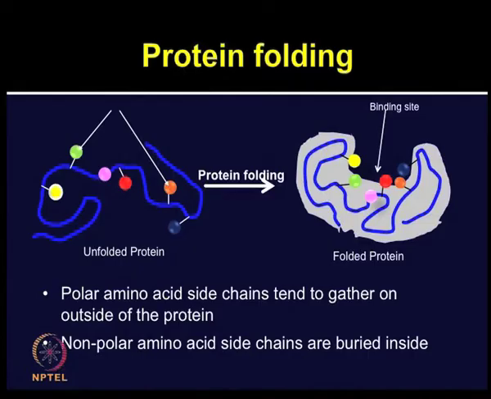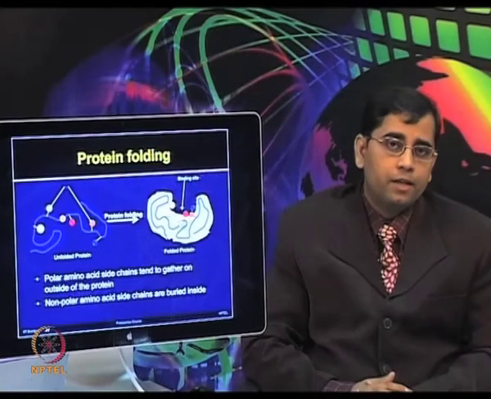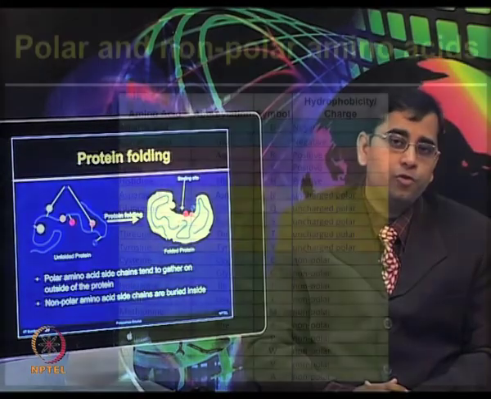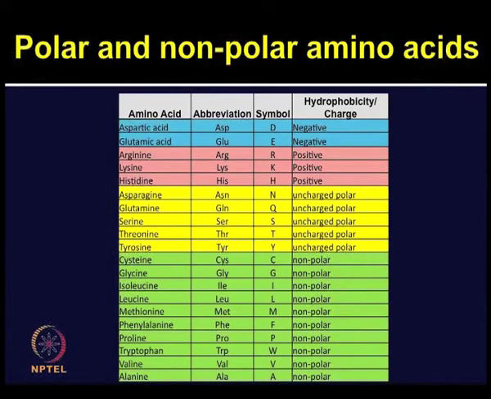Similarly, the non-polar side chains have tendency to cluster in the interior of molecules, for example phenylalanine, leucine, valine and tryptophan. This chart is only for your information, which shows there are various amino acids which belong to polar and non-polar category, and then you can think of how they are going to govern the protein folding process.